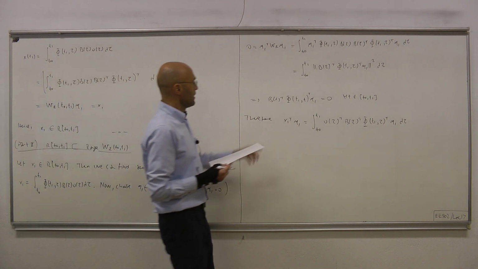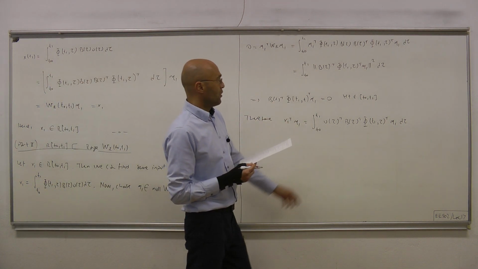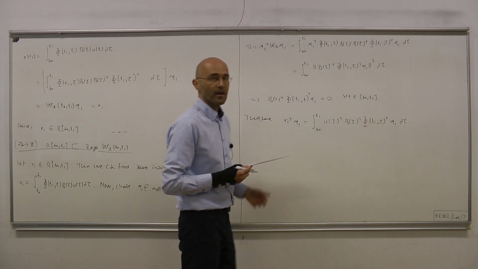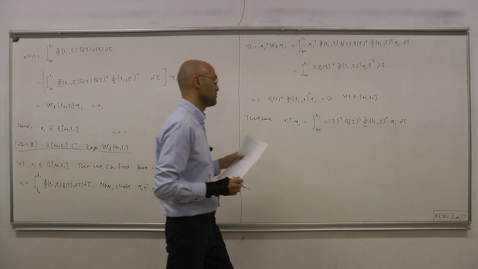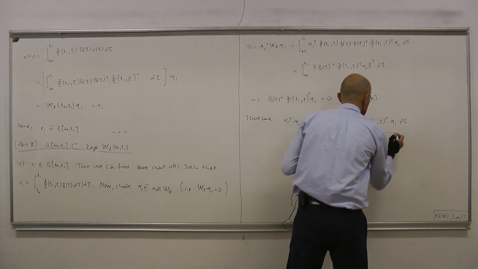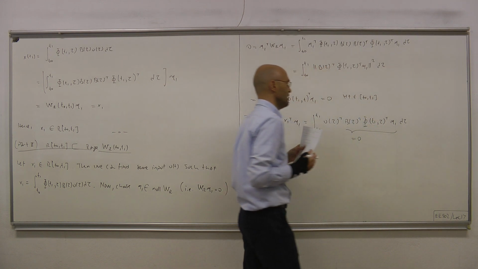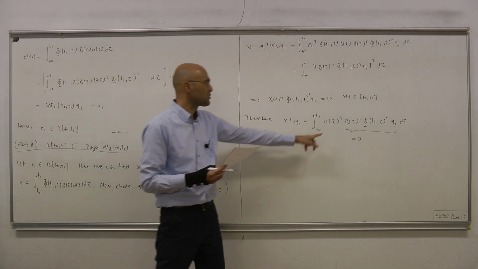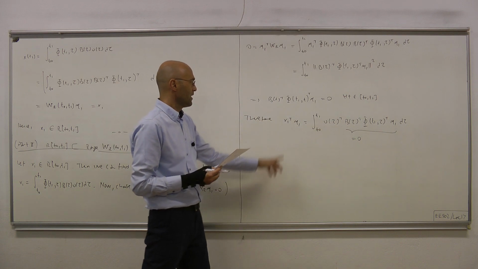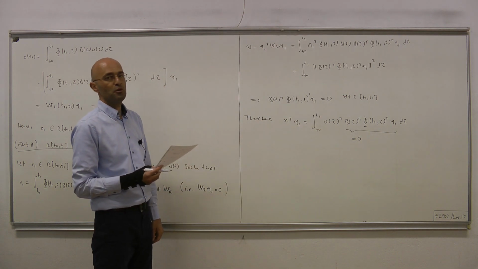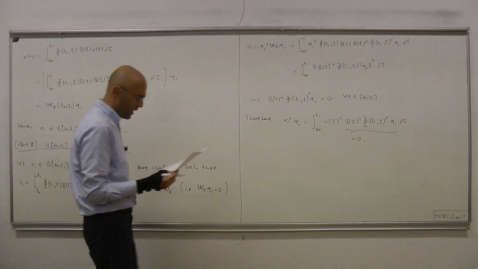Okay, now this expression is 0 for all times that belong to that interval from t0 to t1. Therefore, this thing here equals 0. So regardless of the input, this inner product produces a 0 outcome.